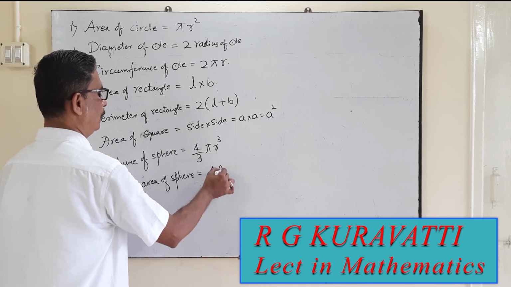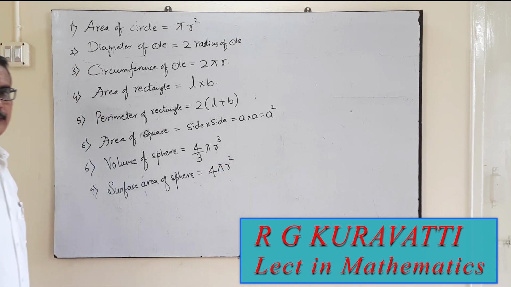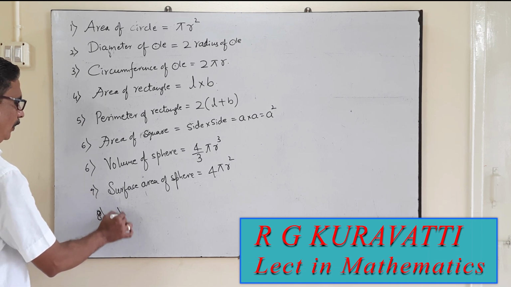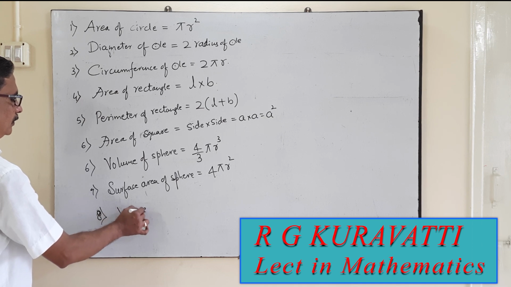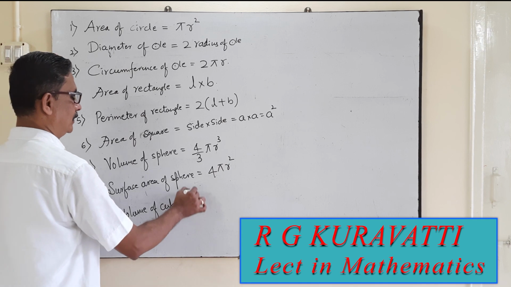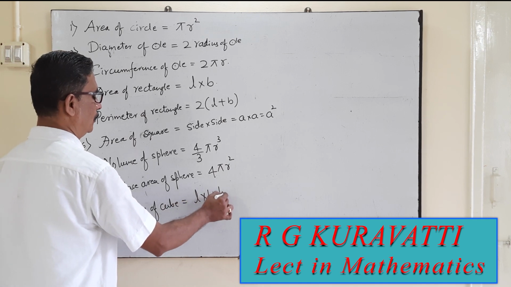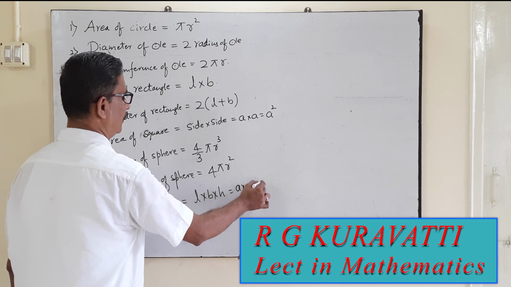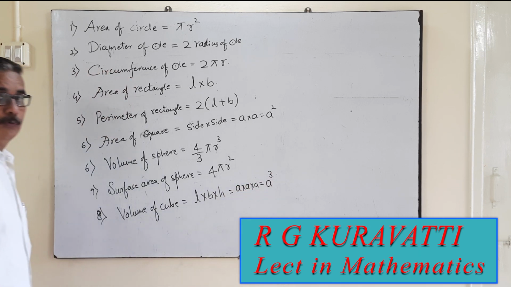What is that? 4 times pi r square. Remember. Then what is the formula for volume of cube? Volume of cube is length into breadth into height. Suppose you take A into A into A, that is A cube.